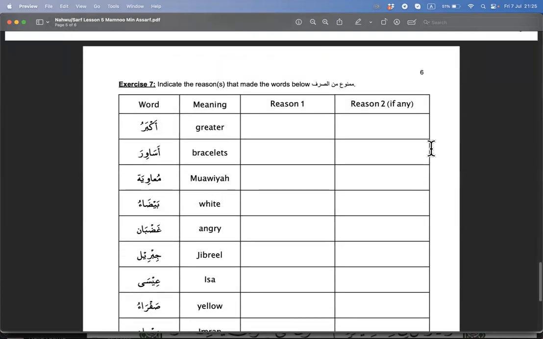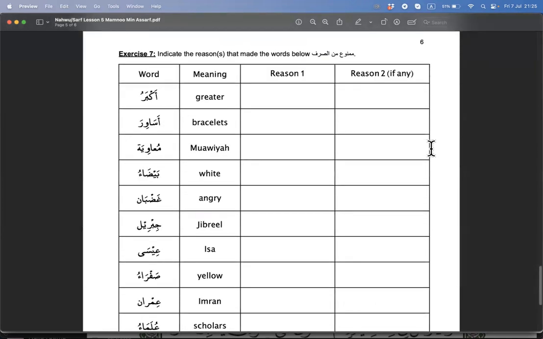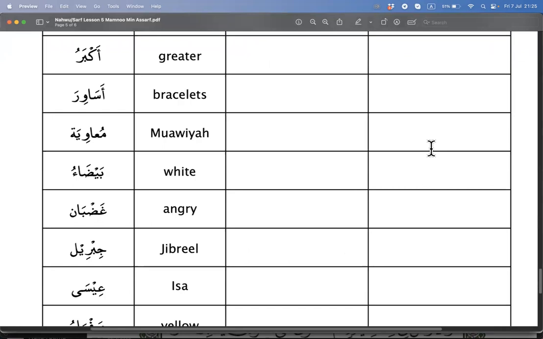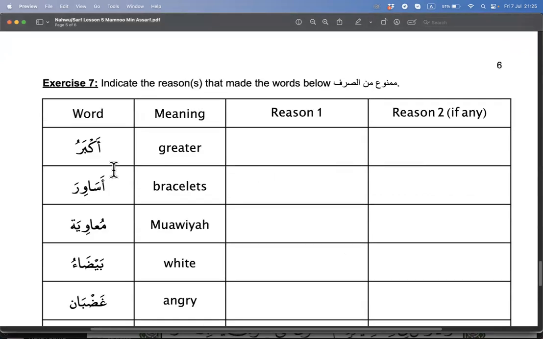Okay. Time for exercise, inshallah. Now give the reason, whether one or two. Akbar. Easy. Akbar, because of the pattern. Is it one reason or two reasons in the first place?